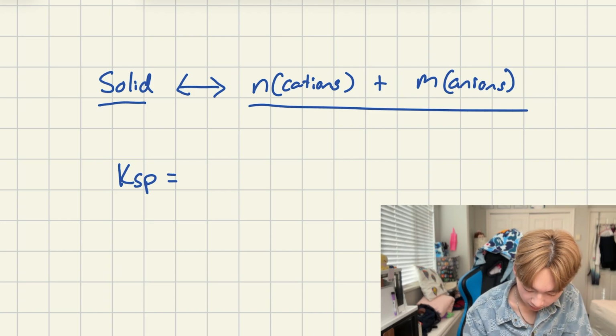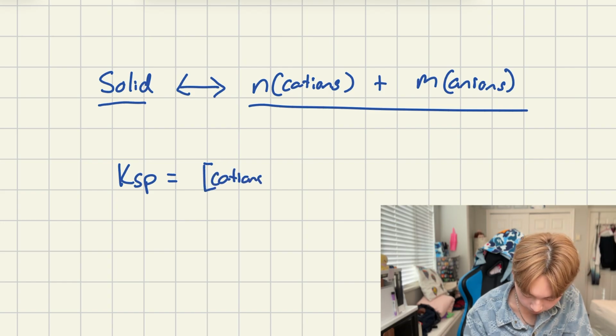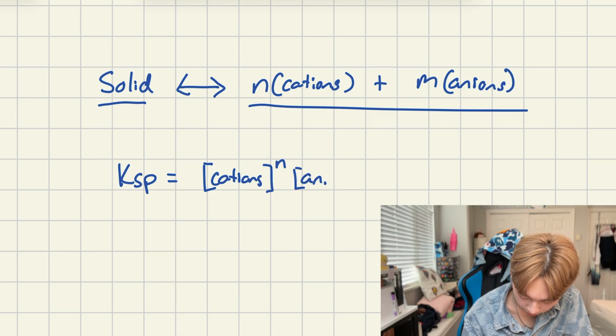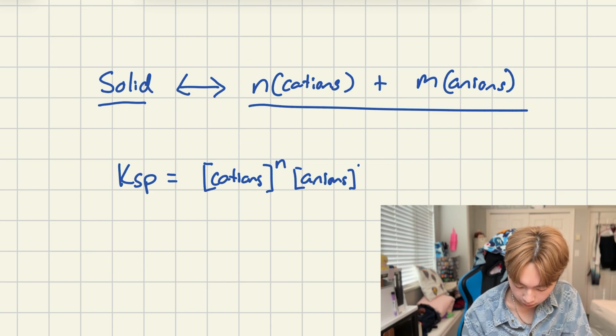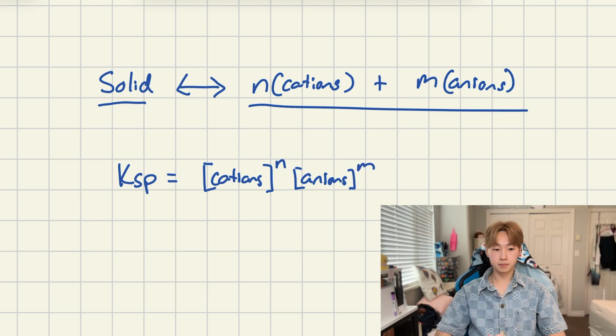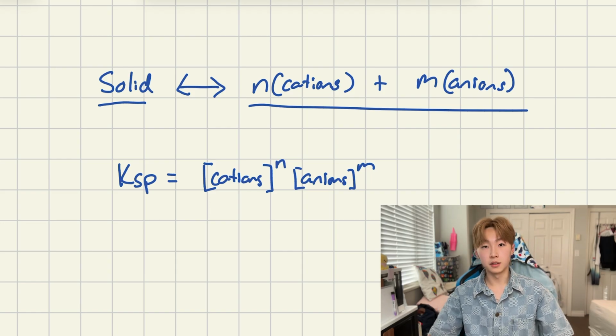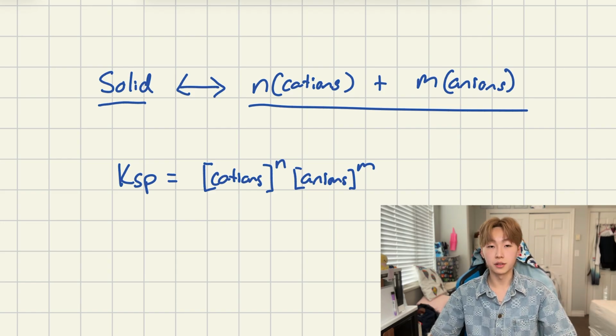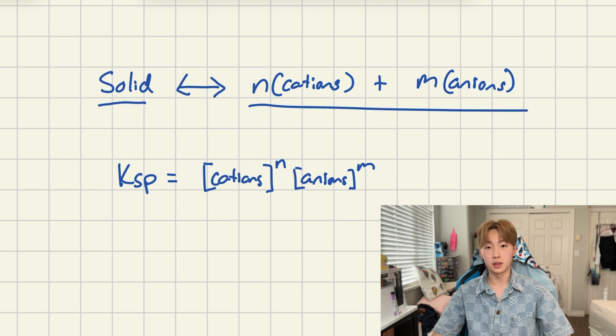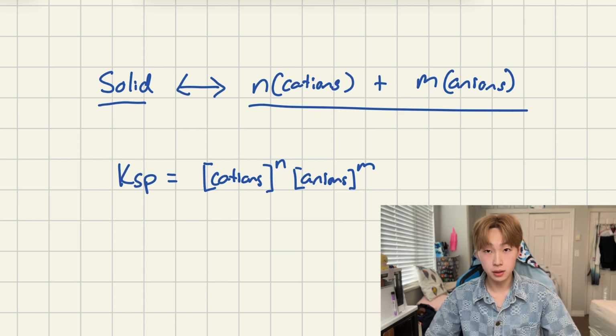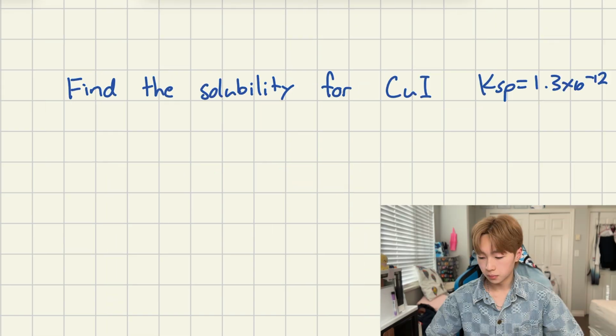So Ksp is going to be equal to the concentration of cations raised to the power of their coefficient times the concentration of anions raised to the power of their coefficient. And this is basically a representation of how much solid can actually dissolve in a saturated solution at a given temperature. And same as your equilibrium constant, temperature is the only thing that affects it.